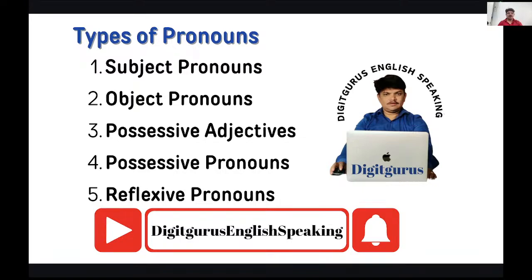Rama is a farmer. Rama is a man. We cannot say it again and again, Rama, Rama, Rama, like this. So we'll have to replace something, and that something is called pronouns. So, pronouns are the words that take the place of nouns to avoid repetition.